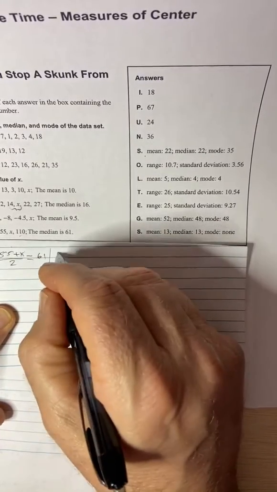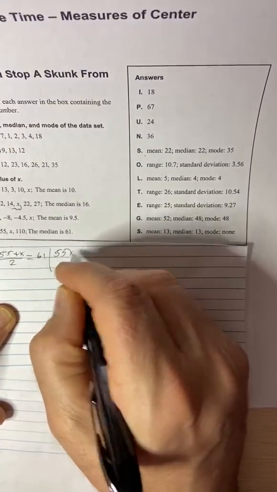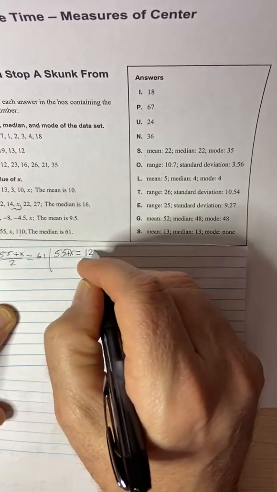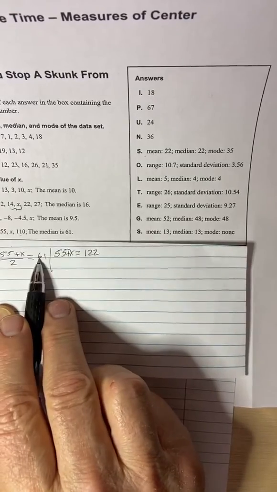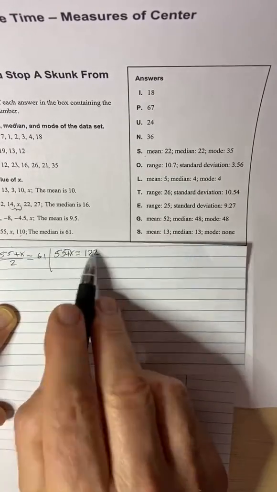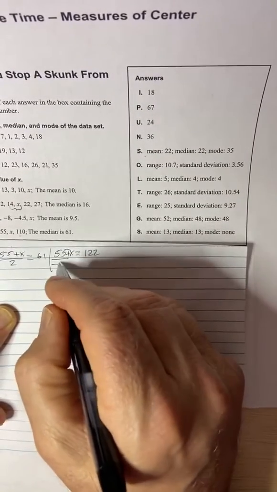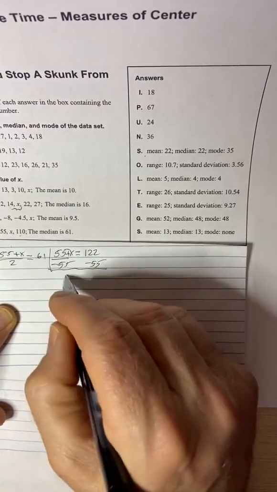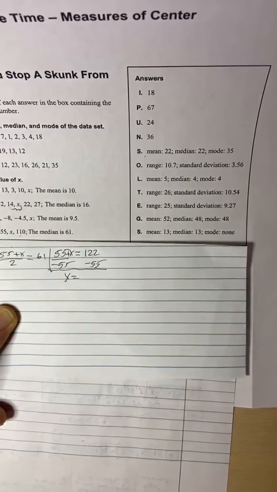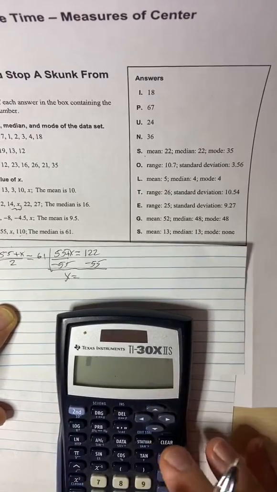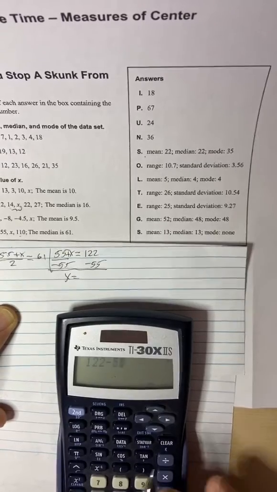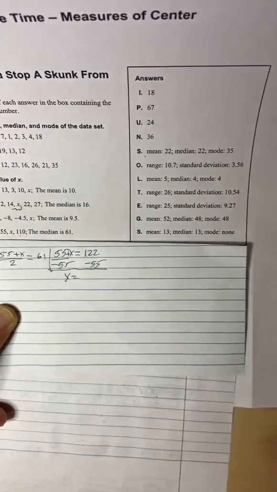So therefore, 55 plus x equals 122, because 60 and 60 is 120, and 2 times 1 is 2. Now what I'm going to do is subtract 55 from both sides and find that x equals.